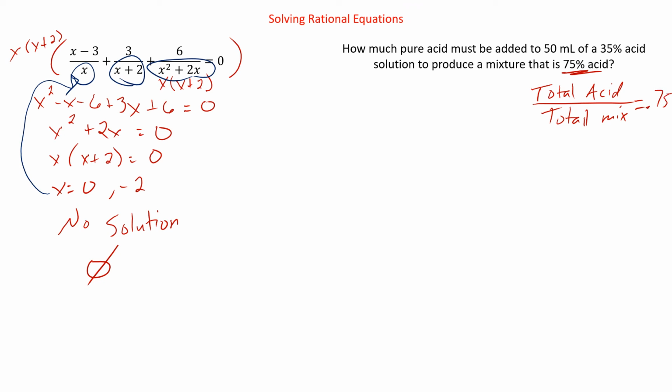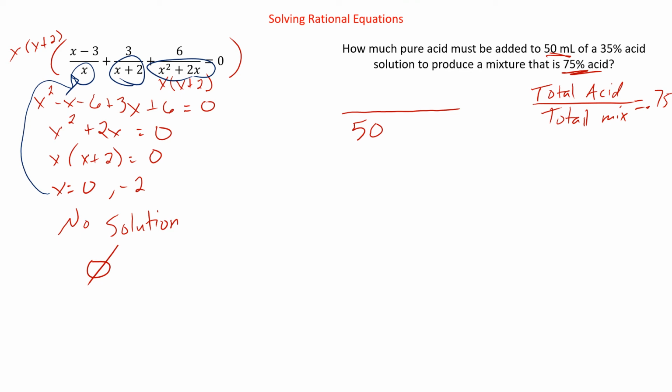So we need to figure out how much acid we need. Pure acid must be added to 50 milliliters of a 35% acid solution to produce a mixture that is 75% acid. So our first mixture, we have 50 milliliters, so that's how much is there.